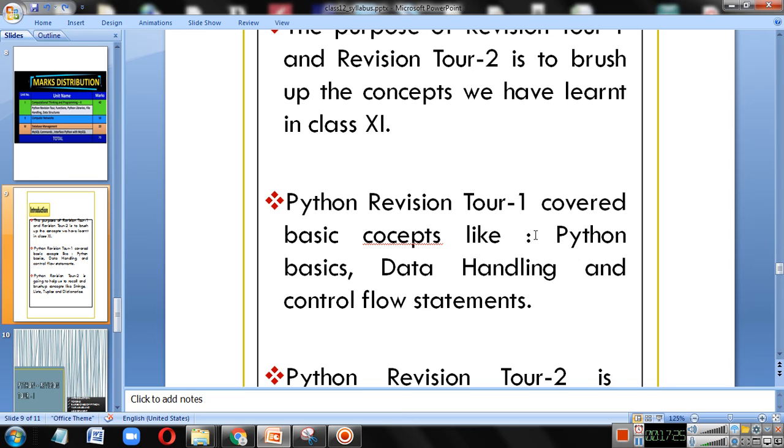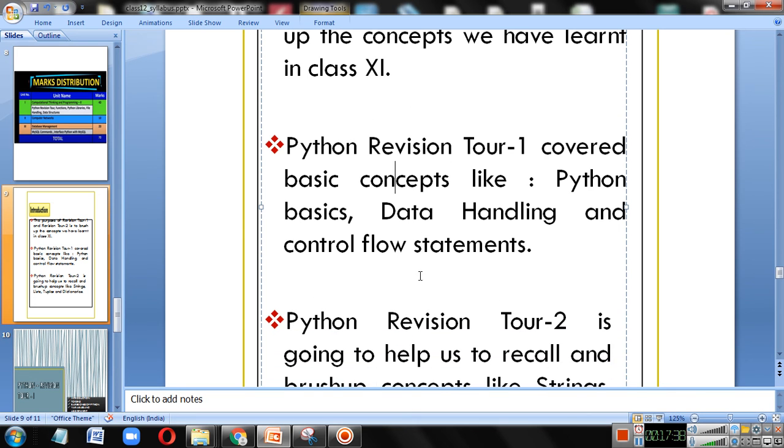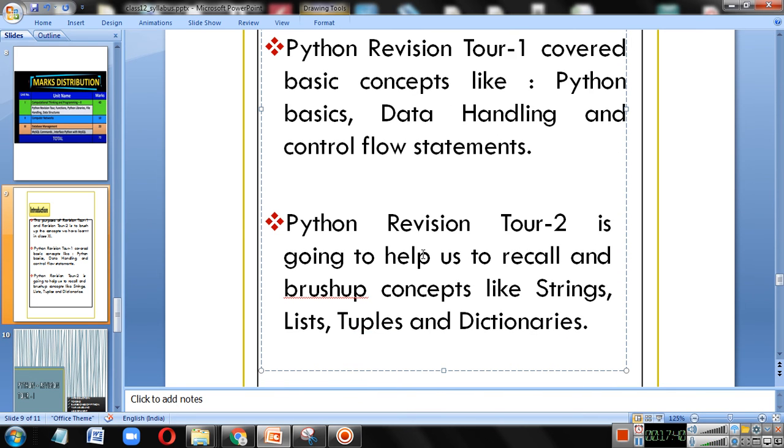Tour 1 covers basic concepts like Python basics, data handling and control flow statements. Tour 2 helps us recall and brush up concepts like the sequences studied in Python, strings, lists and tuples, along with the mapping dictionary.